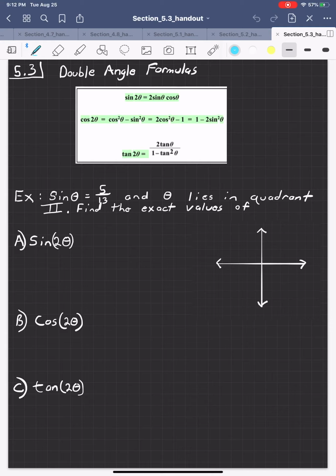If you're taking a test and you just don't know where to go, start by drawing. Let's draw that out. So sine of theta is equal to 5/13. And remember, sine is opposite, which is y, over the hypotenuse, which is r.